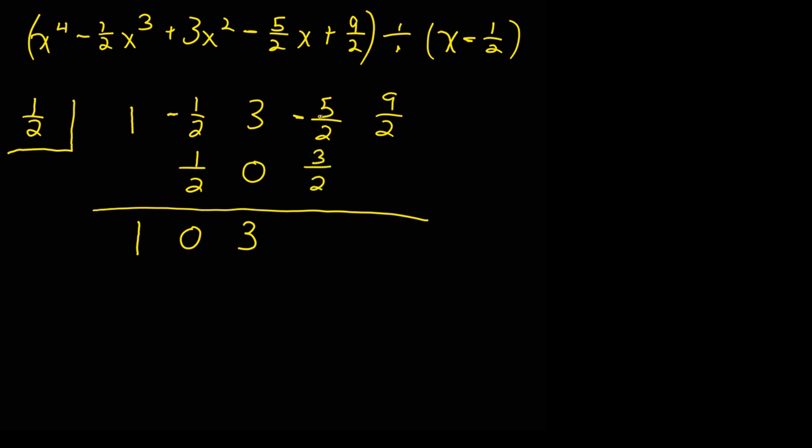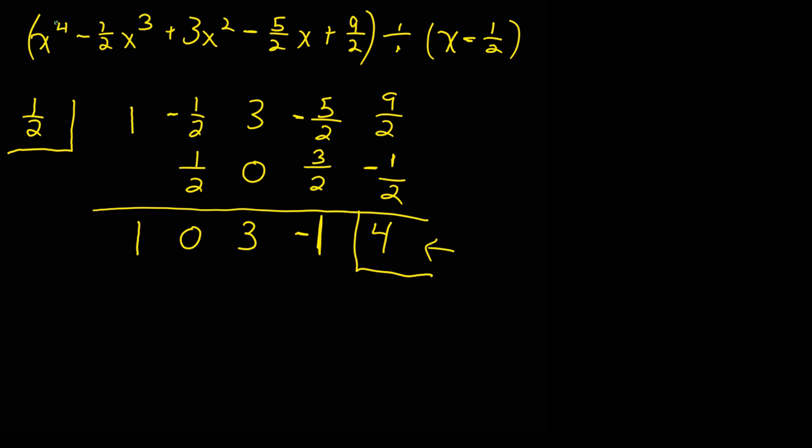And so negative 5/2 plus 3/2 is negative 2/2, which is the same as negative 1. And then 1/2 times negative 1 is negative 1/2. And 9/2 minus 1/2 is 8/2, or 4. And this is the remainder.